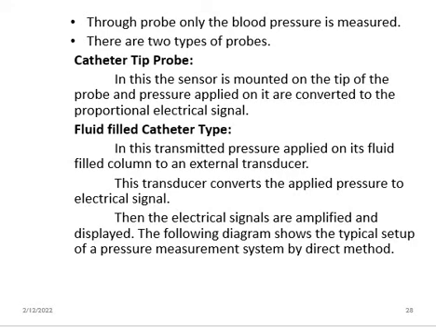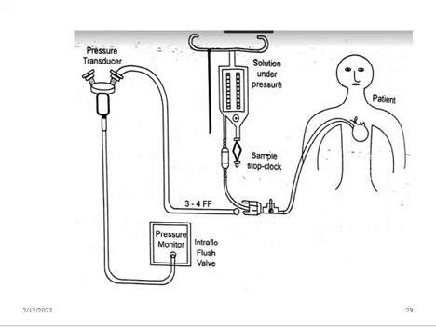Let me show you a diagram for this invasion method. Here the fluid filled solution is there, and that is kept at the place of the heart where the pressure has to be measured. This is the arrangement for measuring the pressure, connected to another valve of this junction.